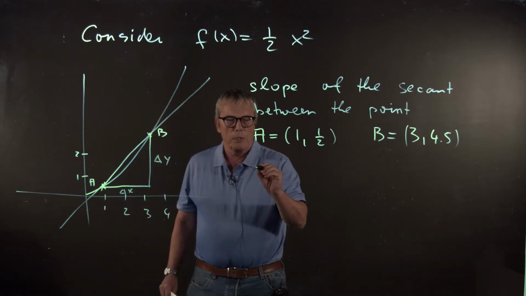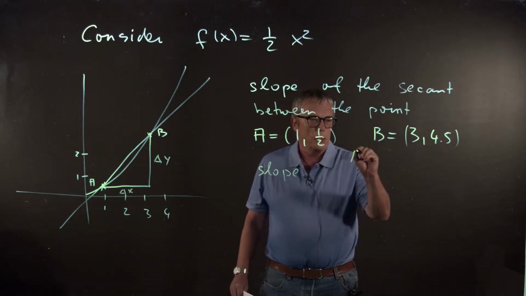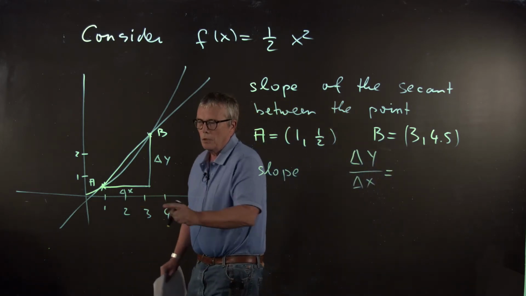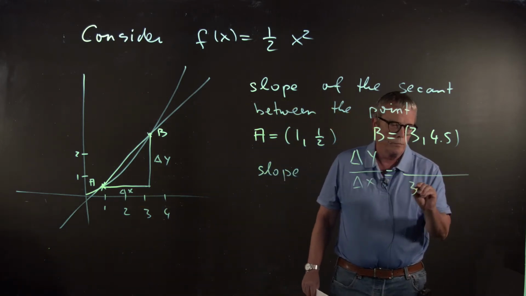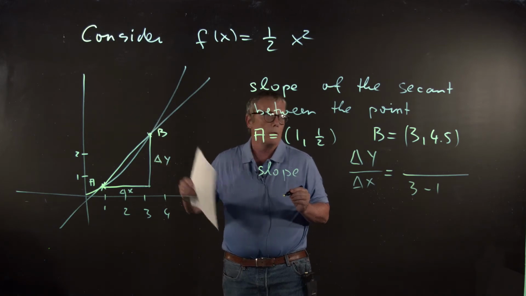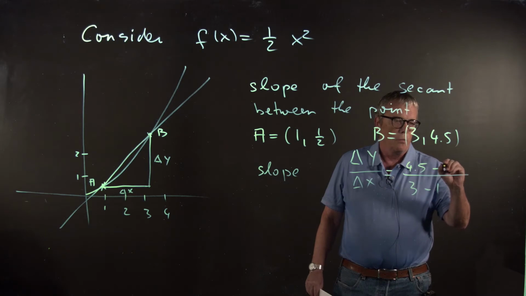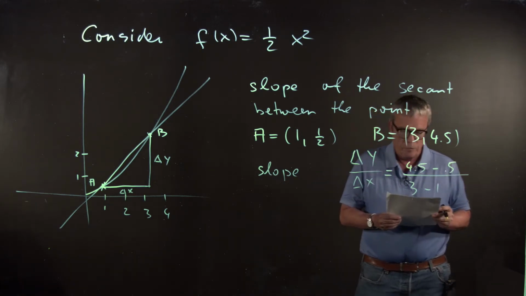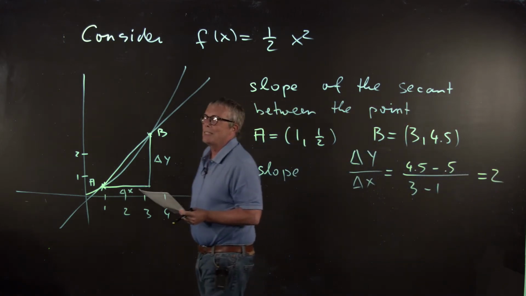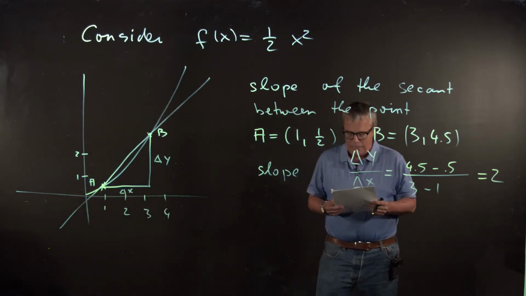So the slope is the change of the y divided by the change of the x, which is 3 minus 1 for the x, and the y is 1/2 at A and 4.5 at B. So it's 4.5 minus 0.5. And this happens to be 2.